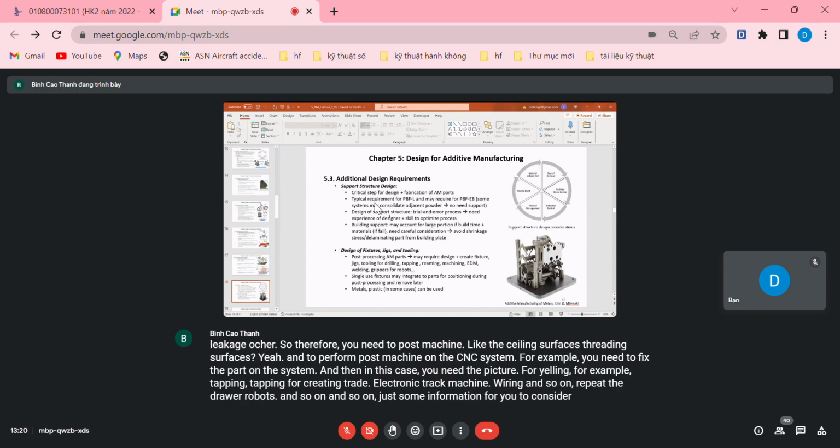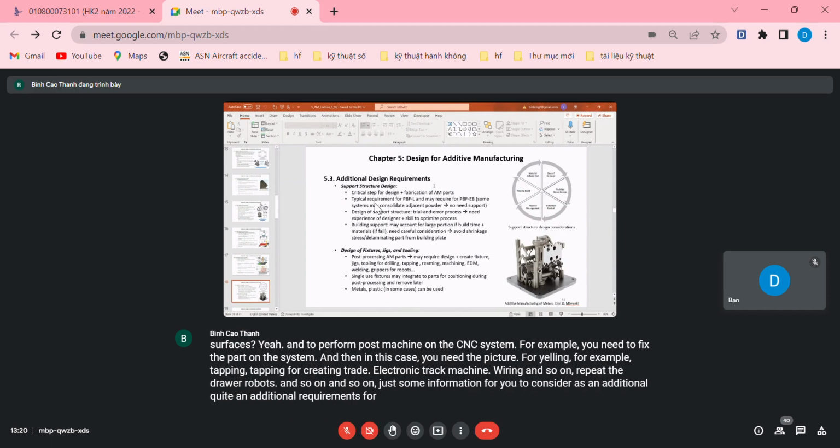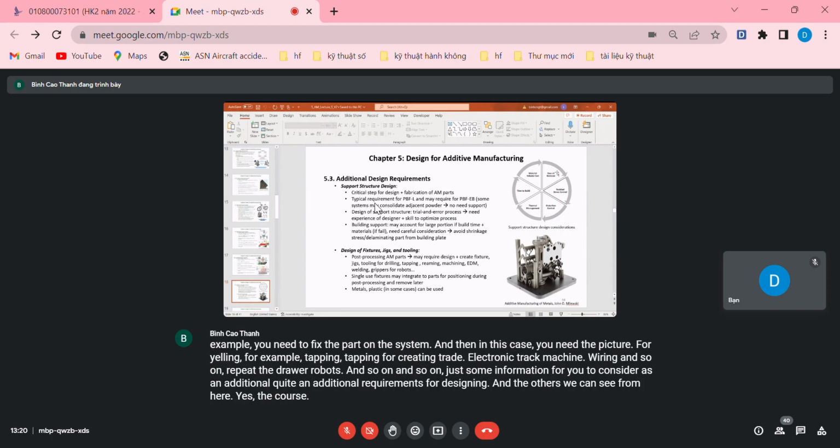Just some information for you to consider as additional requirements for designing. And the others we can see from here: the cost, ease of removal, residual stress control.